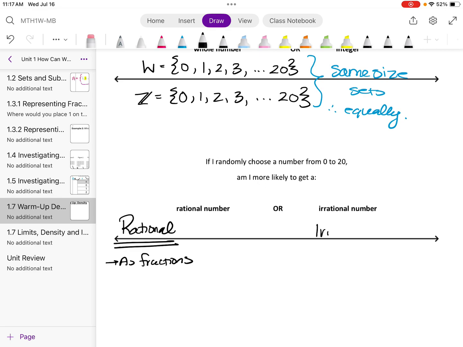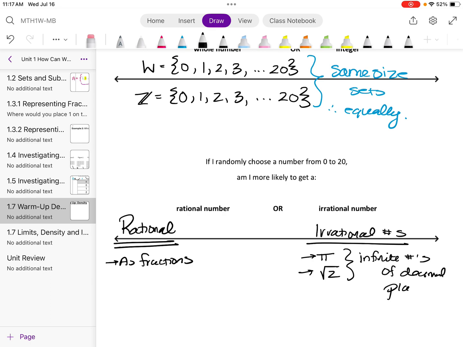My irrational numbers include pi, they might be like a square root of a number, but they're all the ones that have infinite numbers of decimal places. They are everything that fits in between our fractional values. So rational numbers, there are tons and tons of these.